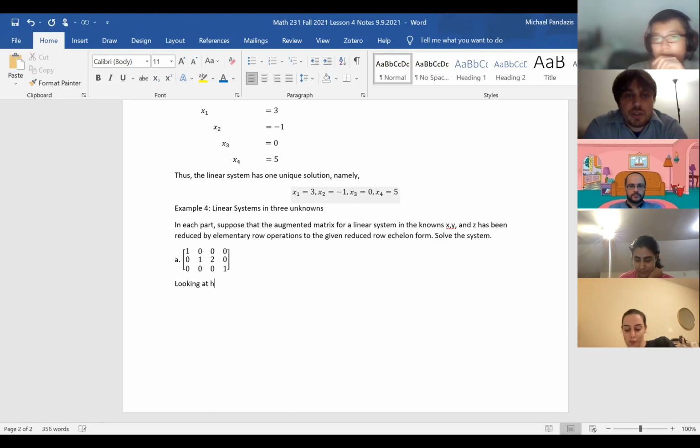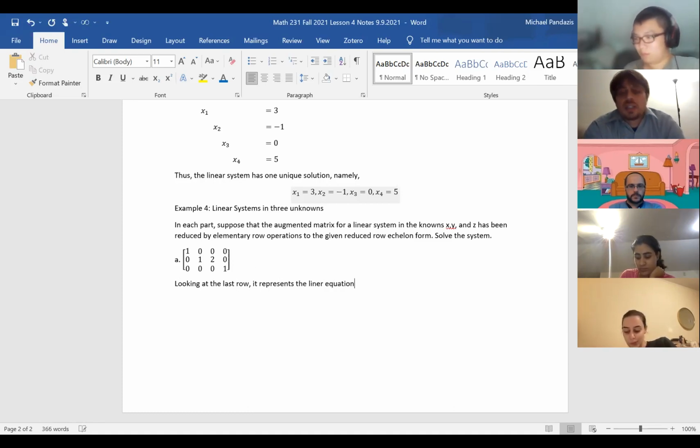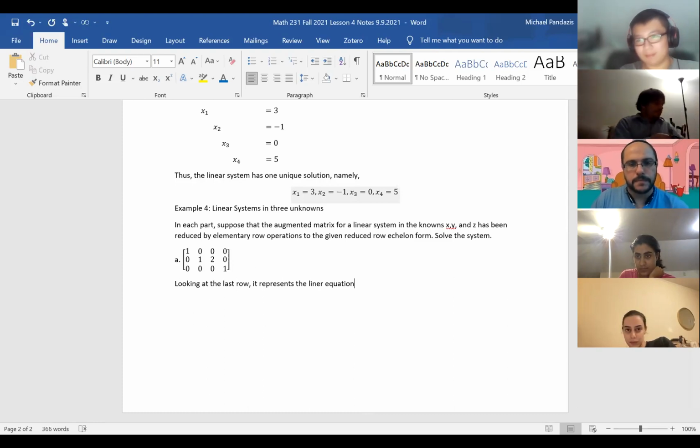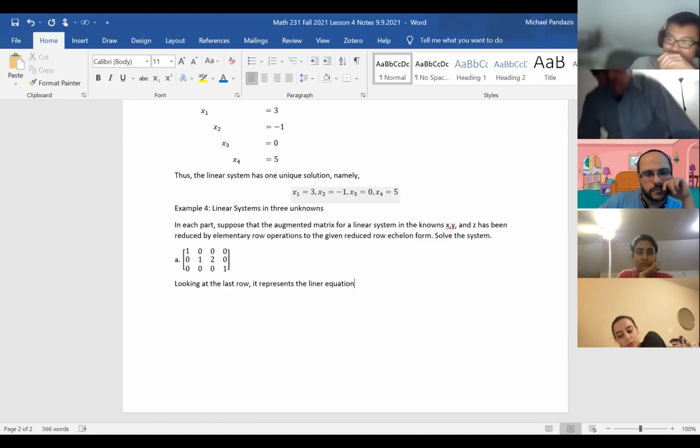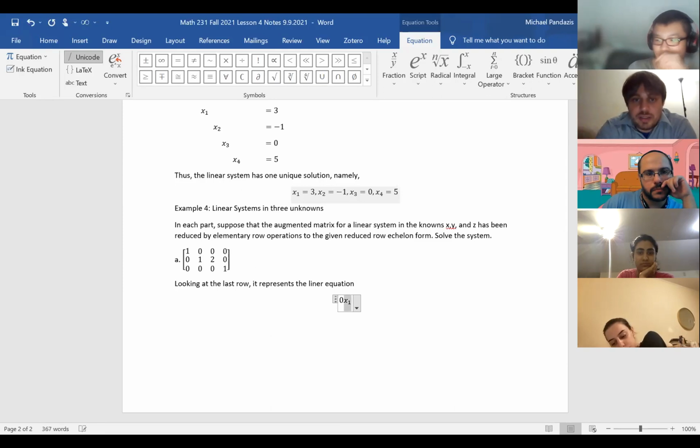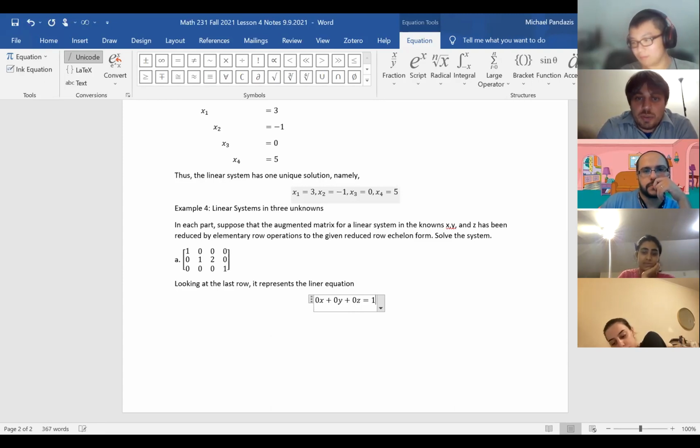So looking at the last row, it represents the following linear equation: 0x plus 0y plus 0z is equal to 1.